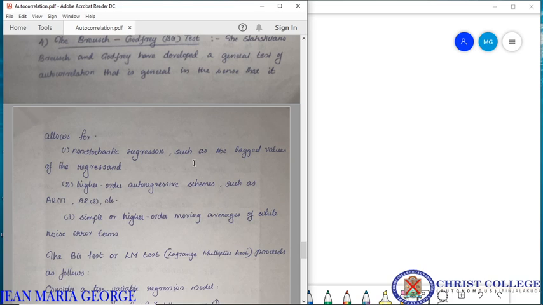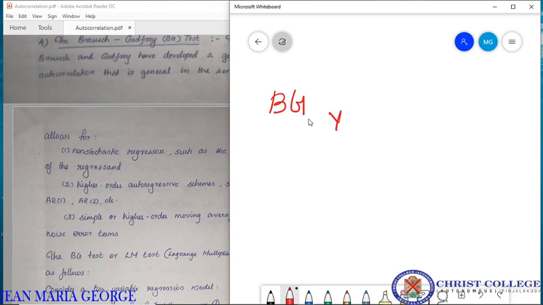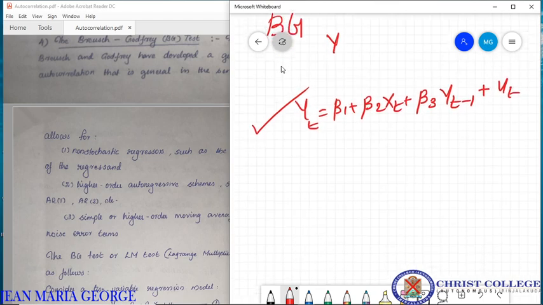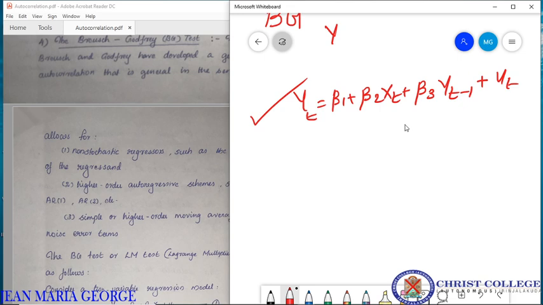That means even if there are lagged values, like we have written, y is equal to beta 1 plus beta 2 xt plus beta 3 yt minus 1 plus ut. In the previous case of the D statistic, we said that this type of equation will not be applicable for calculating the D statistic, but the BG test is applicable even if the equation includes the lagged value of the dependent variable like this. So that is the first speciality of this BG test for making it a general test.